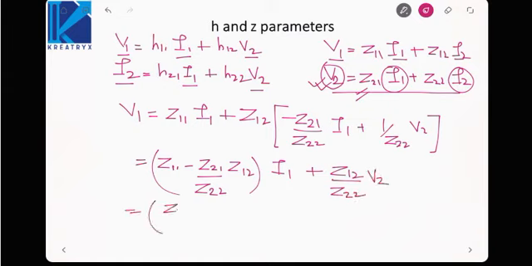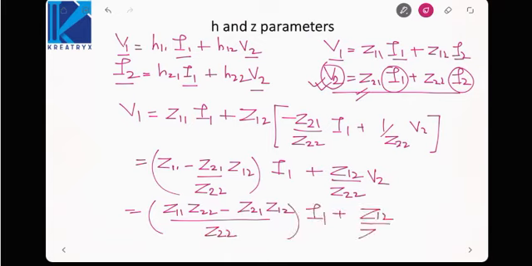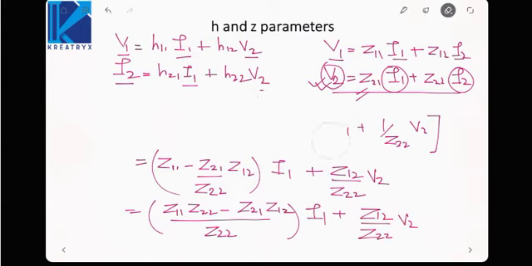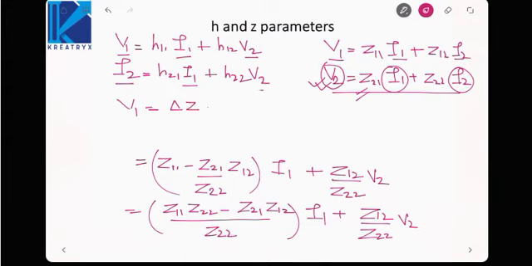This will become Z11 Z22 minus Z21 Z12 by Z22 I1 plus Z12 by Z22 V2. This can also be written as V1 is equal to delta Z, that is the determinant of the Z matrix, by Z22 I1 plus Z12 by Z22 V2.